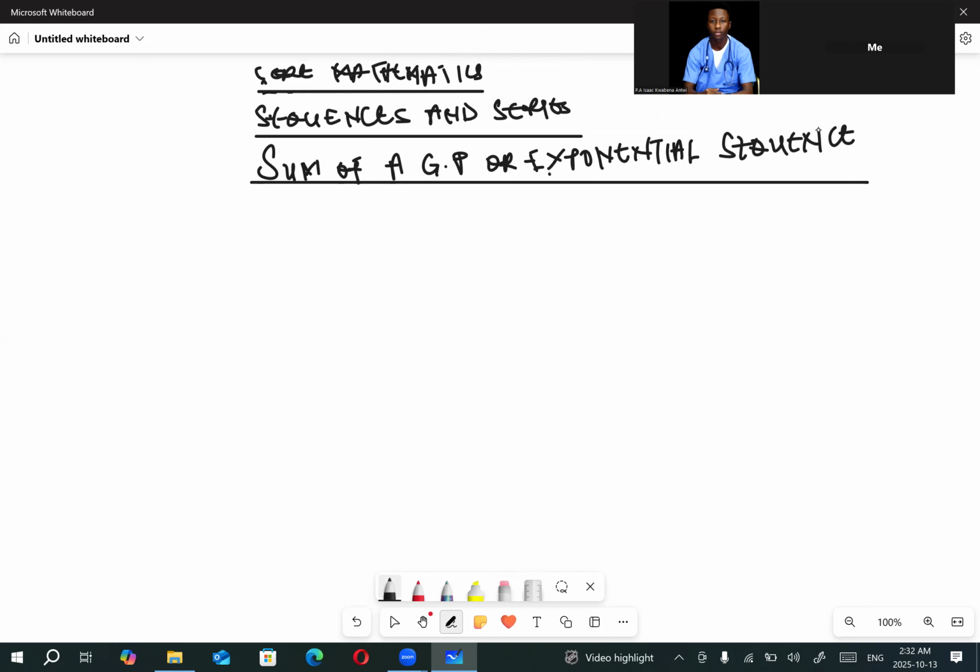If the common ratio is greater than 1, the approach is different. I believe you know what the common ratio is, right? Yes. Okay, let's take a look at that.